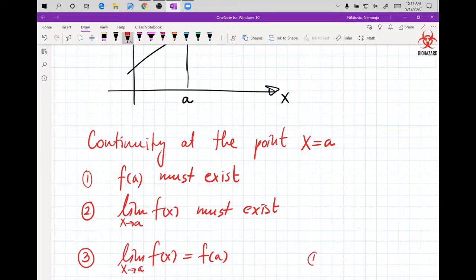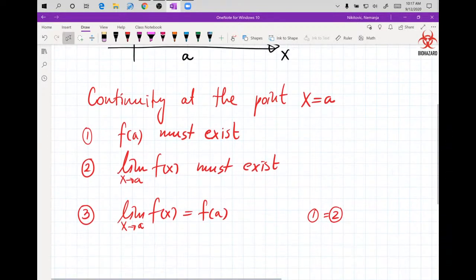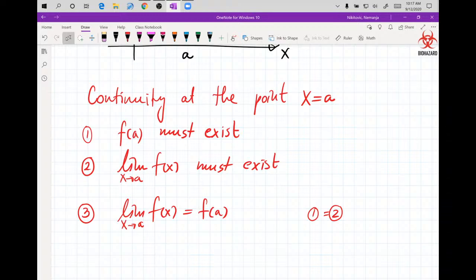So this technically says 1 is equal to 2. That's what it says. So these are your three rules. And when you are checking for continuity at a point, you have to check all three rules. And if these three rules all fit, then you have continuity at a.